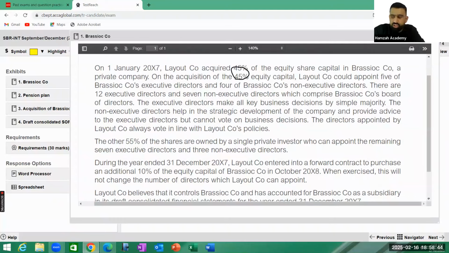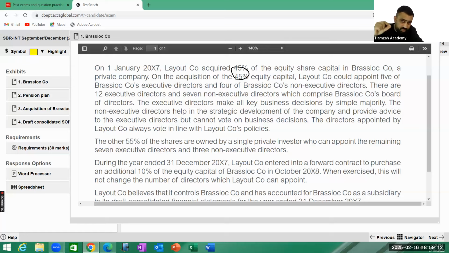If you have more than 50% shareholding in a company, then it is presumed that you have that power and the ability to use that power to take the financial and operational decisions of the company. And due to that power and decision making, you can affect the returns of the investing company.